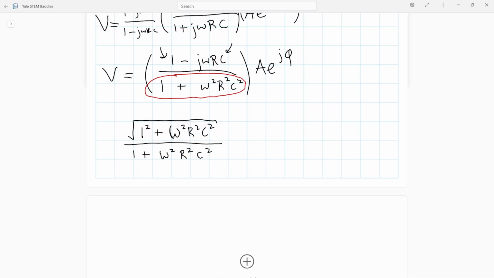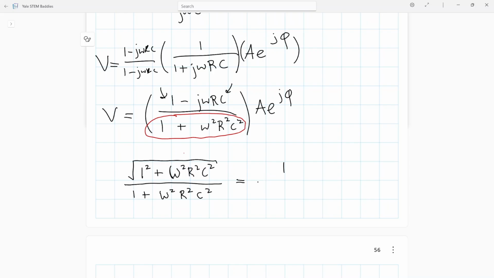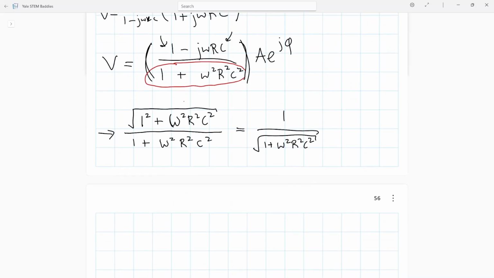We basically have the square root of x over x, which is just equal to 1 over the square root of x. So this simplifies really nicely. The magnitude of this number in parentheses, not the magnitude of v, is 1 over the square root of 1 plus omega squared r squared c squared. Perfect, this is our magnitude.